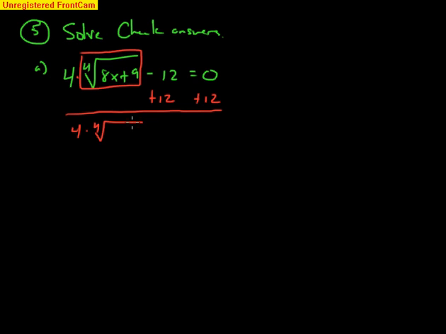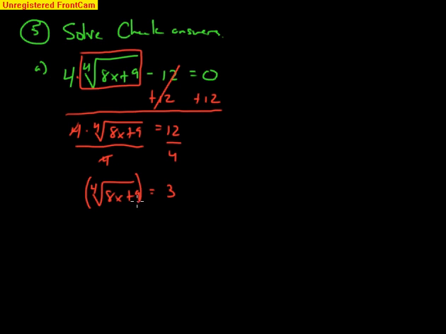So we add and subtract first. This is 4 times the 4th root of 8x plus 9, the 12's cancel, equals 12. And now, to get rid of this times 4, let's divide both sides by 4. And the 4's cancel, and we get the 4th root of 8x plus 9 equals 12 divided by 4, which is 3.